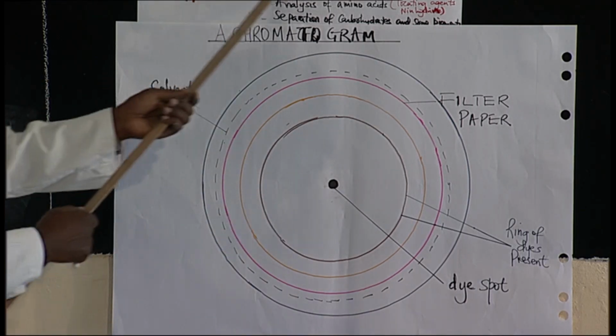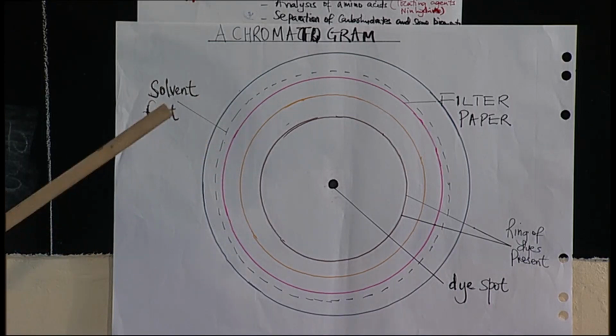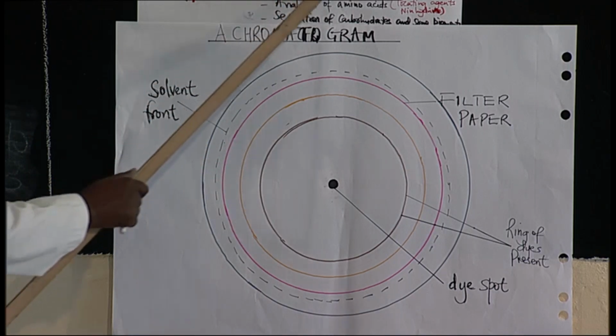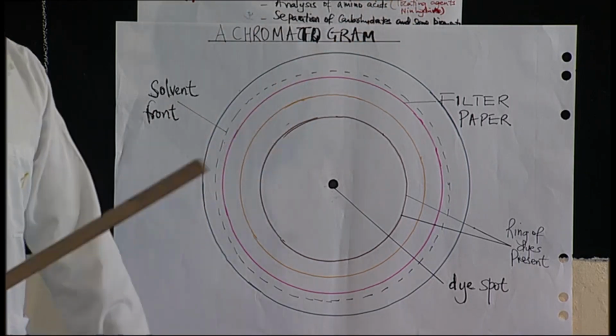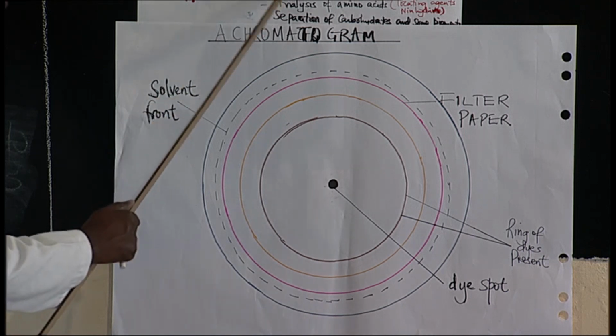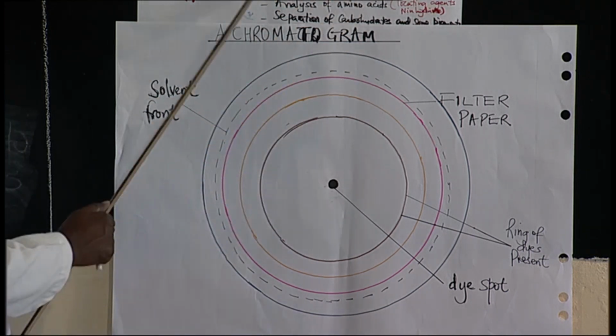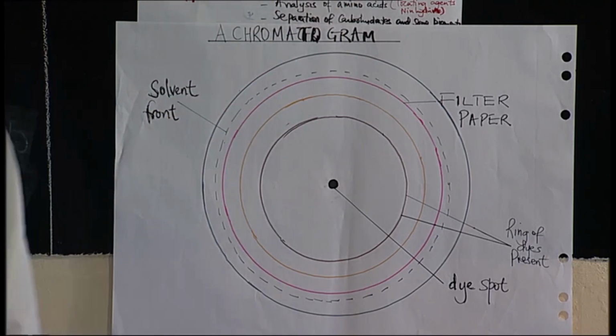So we can look at the applications of this. We have separation of organic and inorganic compounds. We use chromatography to separate the organic and inorganic compounds. Analysis of amino acids: take note of this.